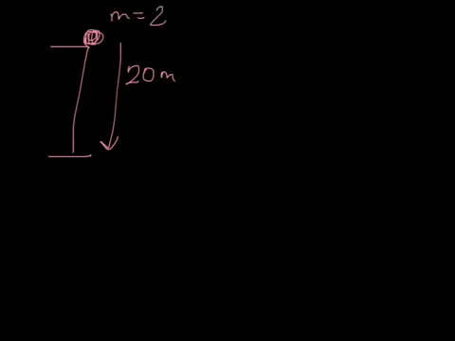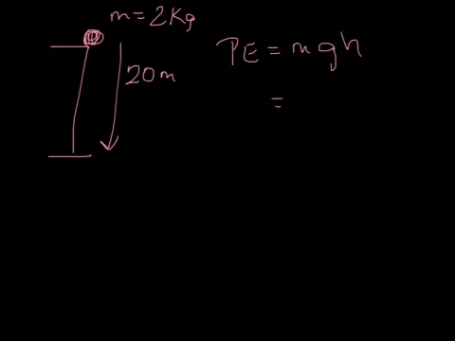So let's look at a rock sitting on the edge of a cliff. And the cliff is 20 meters tall. And our rock has a mass of 2 kilos. What is the stored energy or the potential energy of that rock? Potential energy is equal to mass times gravity times height.